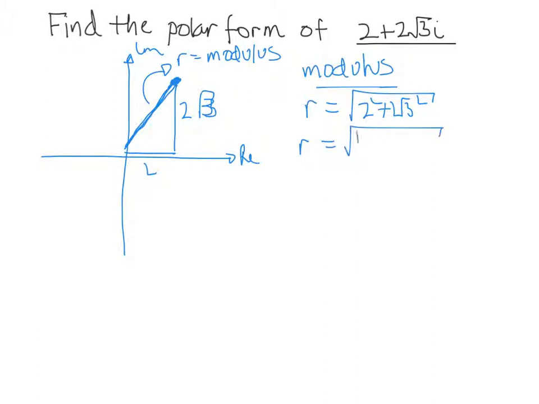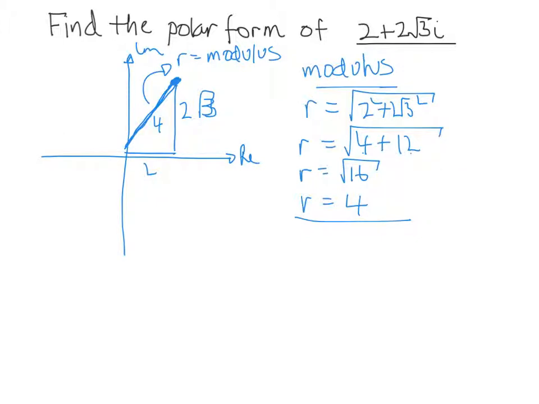Now 2 squared is 4, and root 3 squared is 3, 4 times 3 is 12. And that's just using Pythagoras' theorem. The square root of 4 plus 12 is 16, square root of 16 is 4. So the distance that our point is from the origin in a straight line is 4.